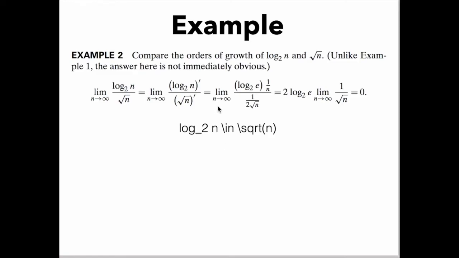Another example is if we have log of n base 2 as our f of n, and we have square root of n as our g of n. So in this case, wala na tayong constant that we can remove from the equation. We can simplify this by computing the derivative of log of n and square root of n. So using the rules as showed a while ago, this is equivalent to log of e times 1 over n, and then this equates to this evaluation.